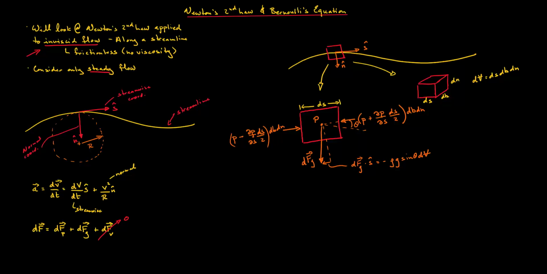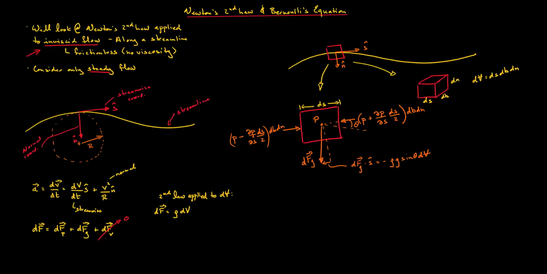Okay, so let's write Newton's second law applied to a small volume dV, we would have dF is equal to our mass times the acceleration.